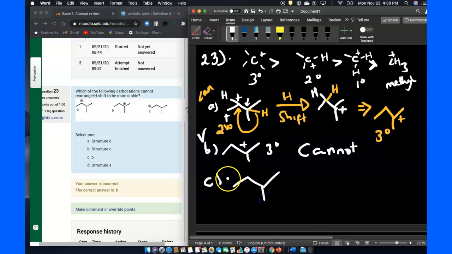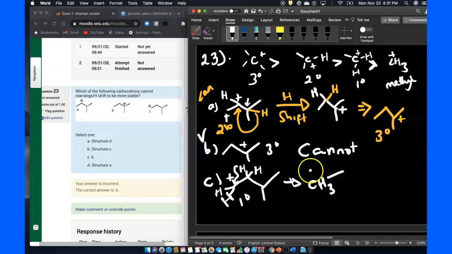C is a primary. The C plus is connected to one other carbon, so I can make it secondary, which is better than primary. So just move over a hydrogen like we did before. You do have two hydrogens here. They're just not drawn, but they're there. After the shift, you'll have three hydrogens. The plus charge is gone because now the carbon has 4 bonds.